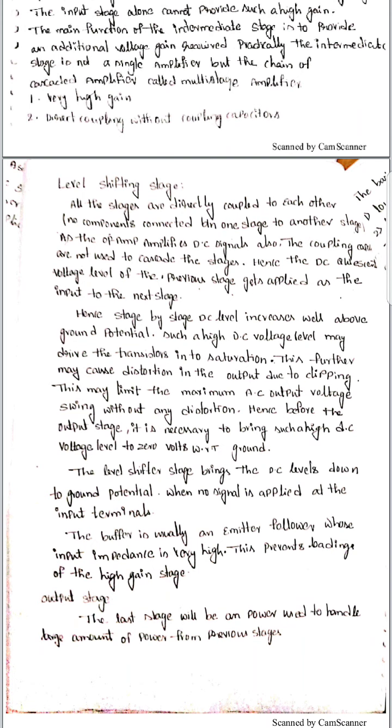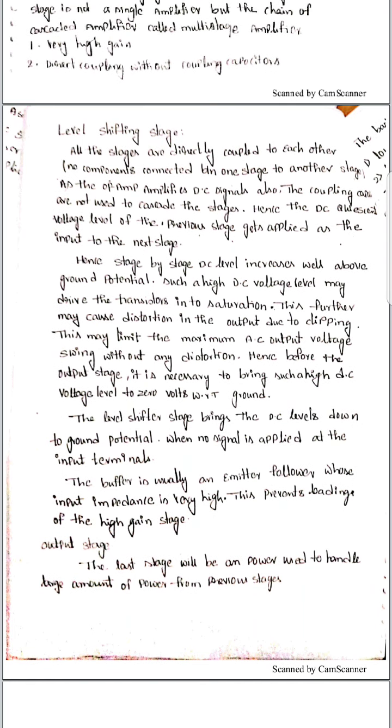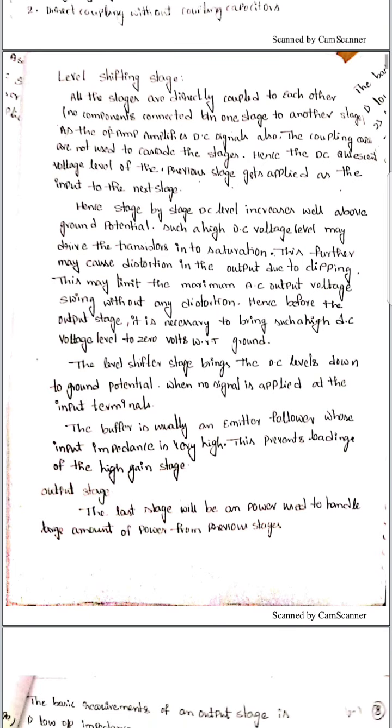Hence the DC output voltage level of the previous stage gets applied as the input to the next stage. Hence the stage by stage DC level increases well above ground potential. Such a high DC voltage level may drive the transistors into saturation. This may further cause distortion in the output due to clipping.